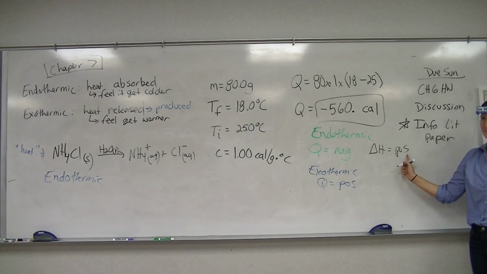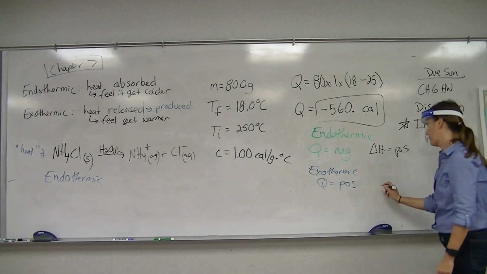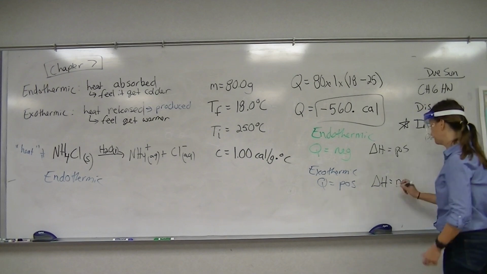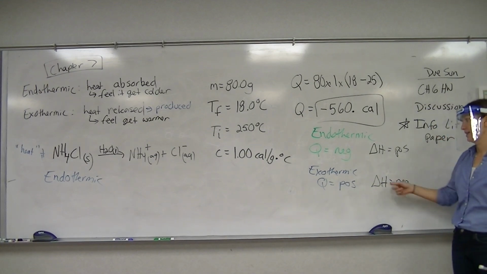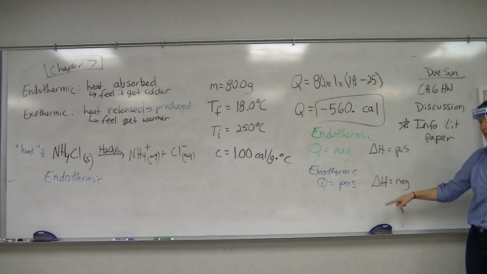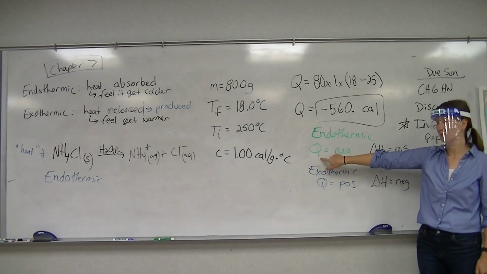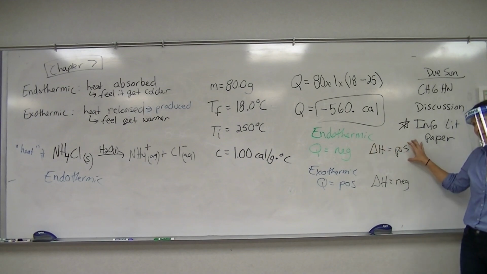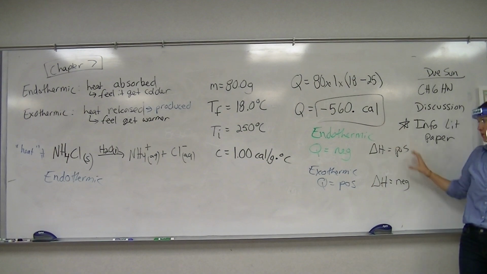They're opposite. So here, if delta H is negative, it's exothermic. So it depends which one you're calculating. Are you calculating the heat or are you calculating the enthalpy? Right? And we're not ever going to calculate enthalpy, but you might be given the change in enthalpy and have to figure out if it's endothermic or exothermic.